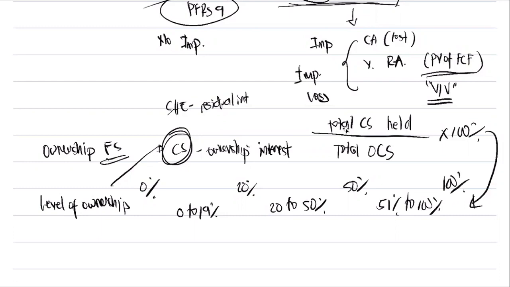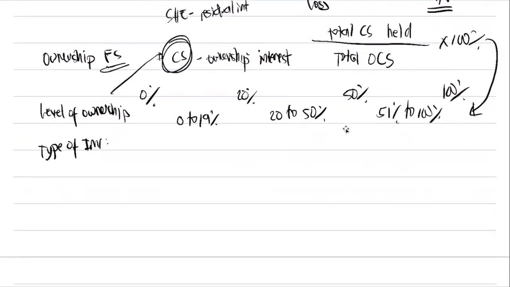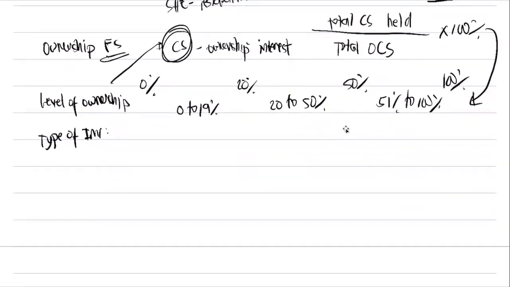Now, after we determine the level of ownership, we look as to your type of investment. So what is the type of investment in case the ownership is 0 to 19%? This is known as your investment in equity securities or your FVTPL or FVTOCI investment.